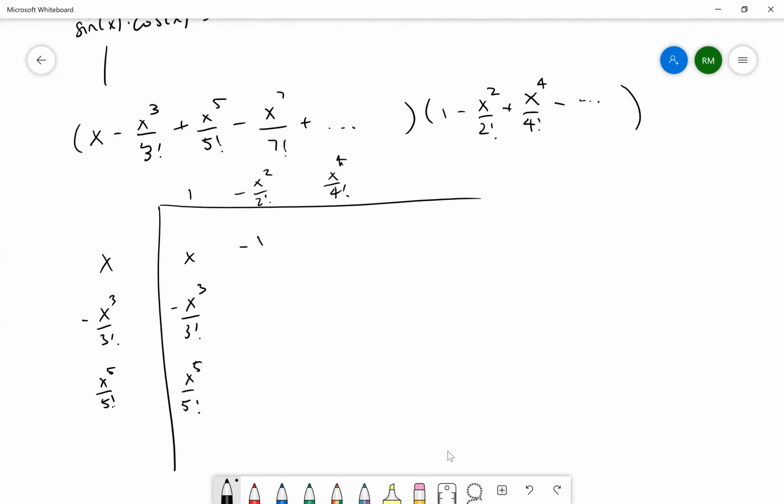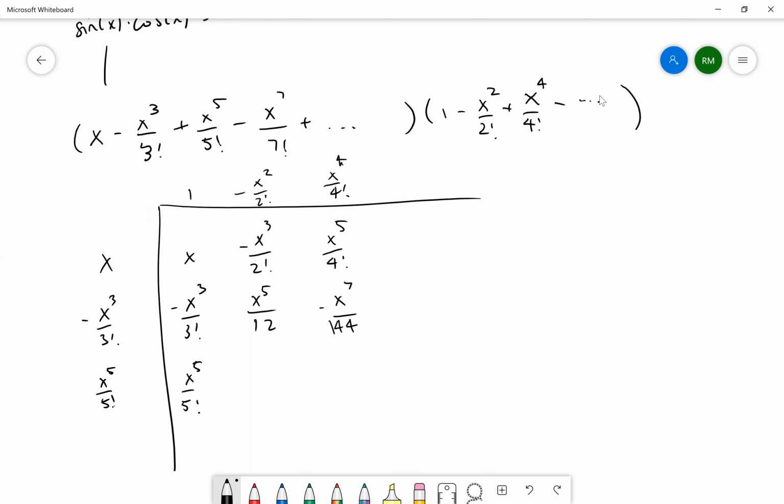This is minus x cubed over 3 factorial. X to the 5th over 4 factorial. Excuse me, I messed up that denominator. This is x to the 5th over, let's see, 2 times 6 is 12. This is negative x to the 7th over 24 times 6. That's 144.